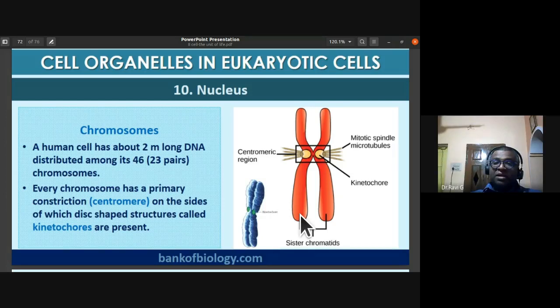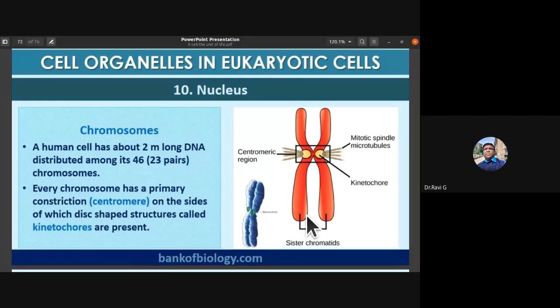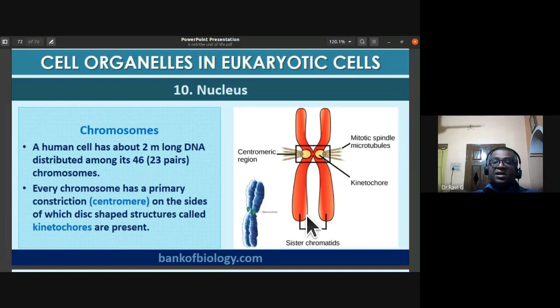It is like a chain of beads where the thread part is the DNA and the beads are the nucleosomes.